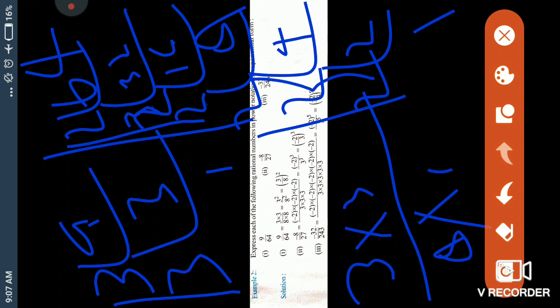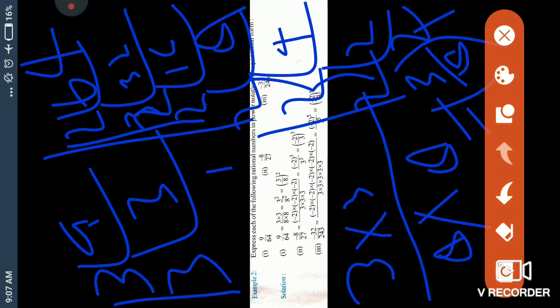Here 3 is only 2 times, so we will write these in two forms. 2 times 2 is 4, 4 times 2 is 8, so we write 8. And for the 3, also 2 times 2 is 4, 4 times 2 is 8. So the answer would be 3 upon 8 to the power 2.